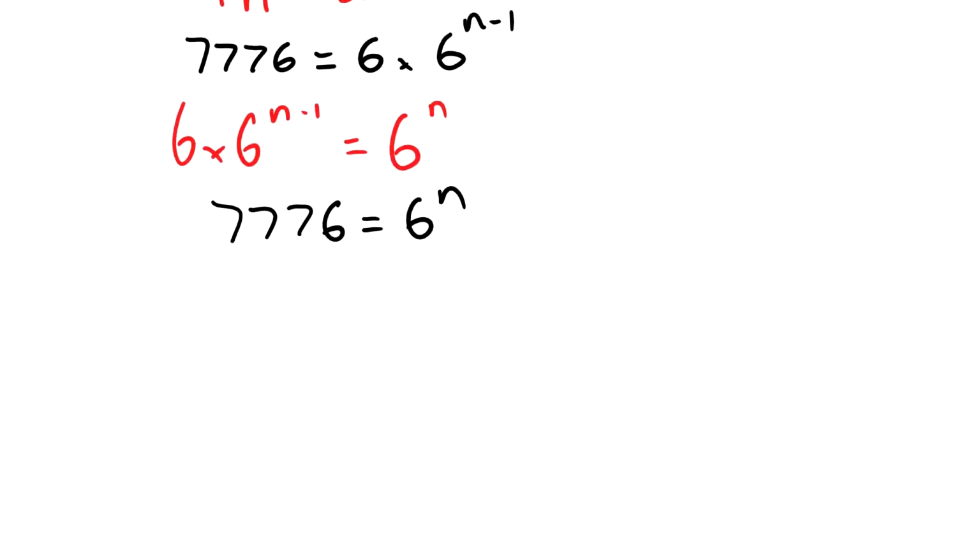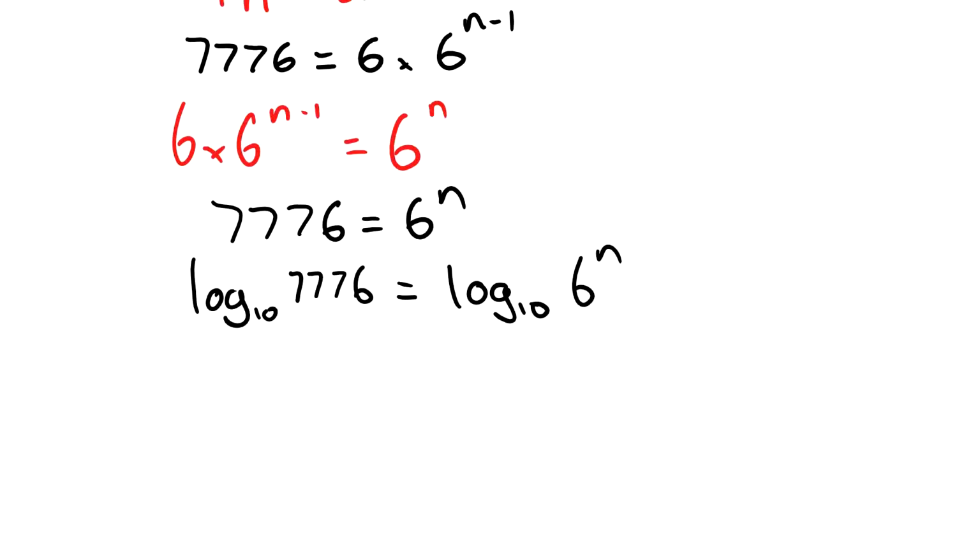We are going to use log base 10 to find our answer. So log to both sides. Now remember, our log laws say that if we have a power on the outside, so our n, that can be brought out the front to be a coefficient.